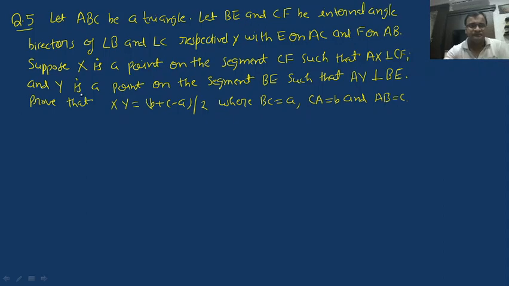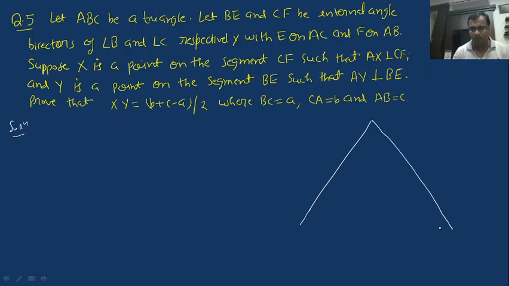Question number 5. Let ABC be a triangle, let BE and CF be internal angle bisectors of angle B and angle C respectively, with E on AC and F on AB. This is a triangle ABC.